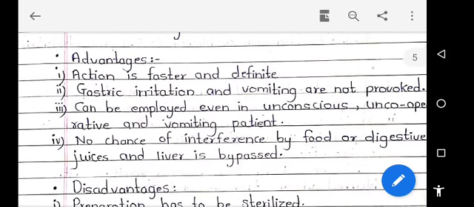At that time we use the parenteral route, because in the oral route of drug administration, drugs come into the body and then enter into the stomach. But if the patient has a vomiting problem, at that time the drug cannot be absorbed in the body and the patient cannot get the required therapeutic actions.